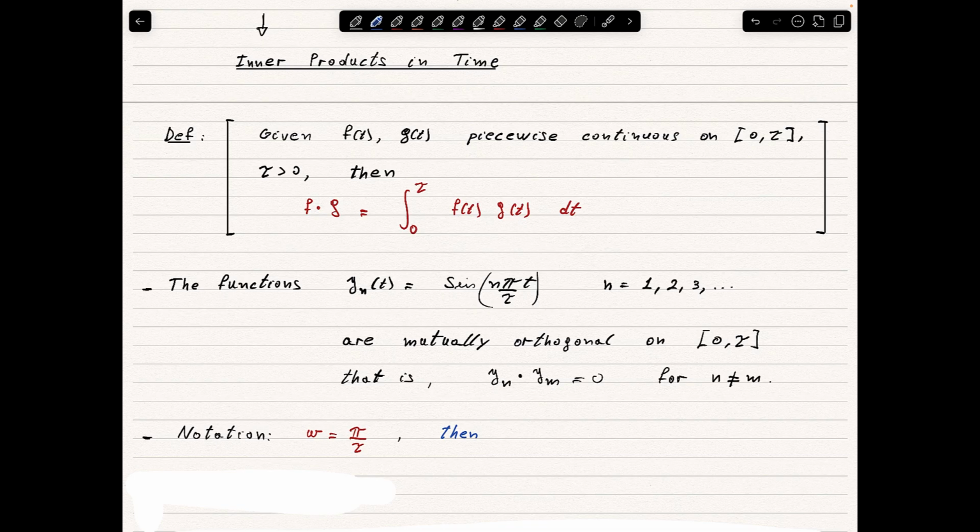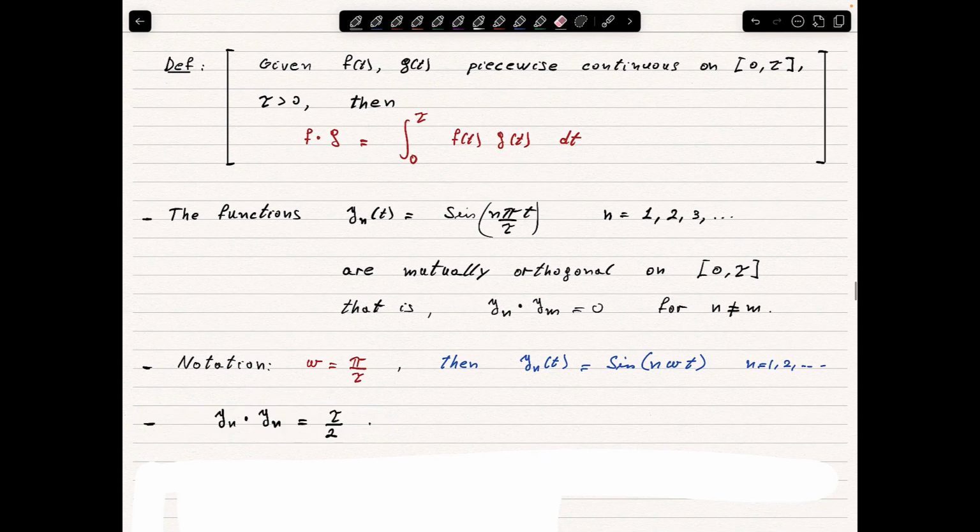So these functions now look a little bit nicer because they look like sine of n times this frequency times t. And here, of course, n is 1 up to infinity.